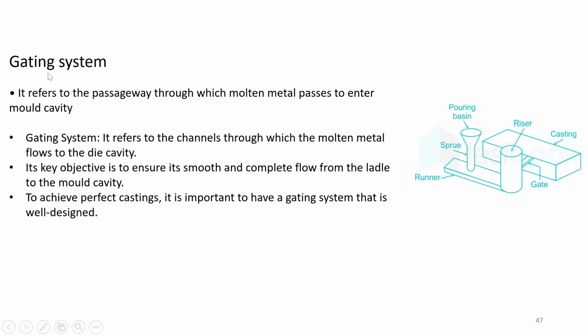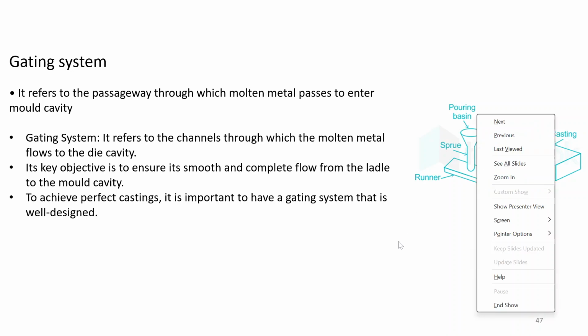The gating system refers to the passageway through which molten metal passes to enter the mold cavity, the channels through which the molten metal flows to the die cavity. Its key objective is to ensure smooth and complete flow from the ladle to the mold cavity. To achieve perfect castings, it is important to have a well designed gating system.